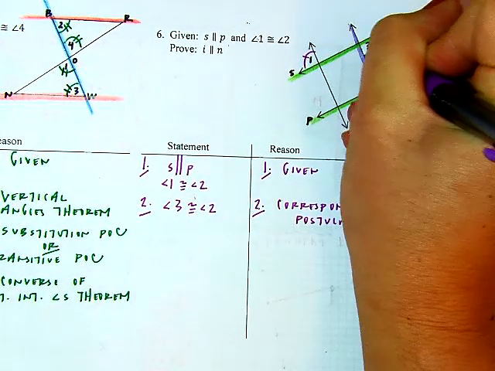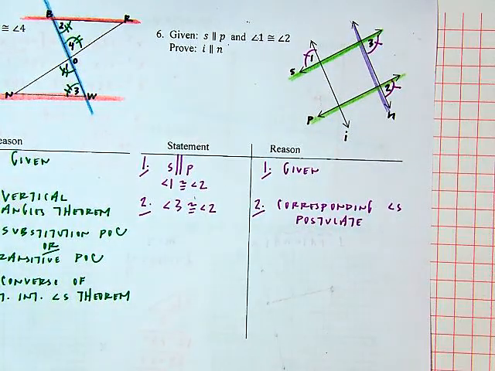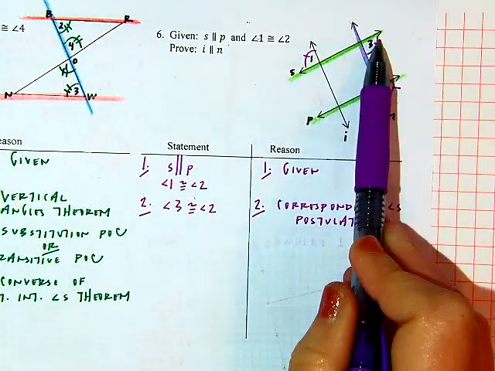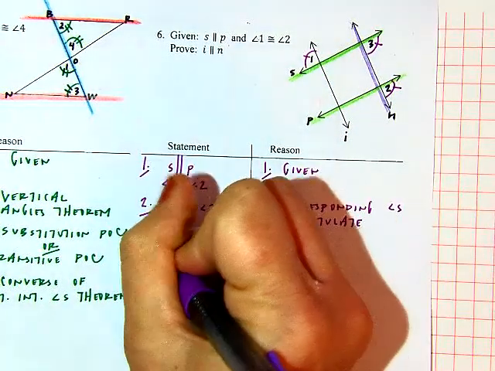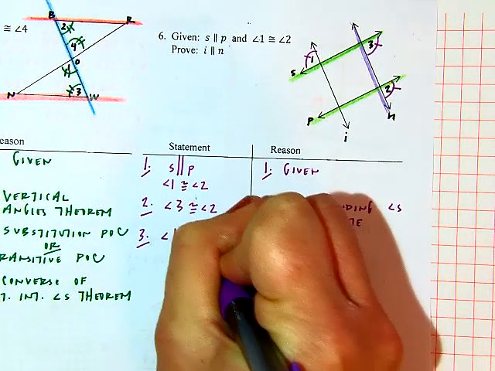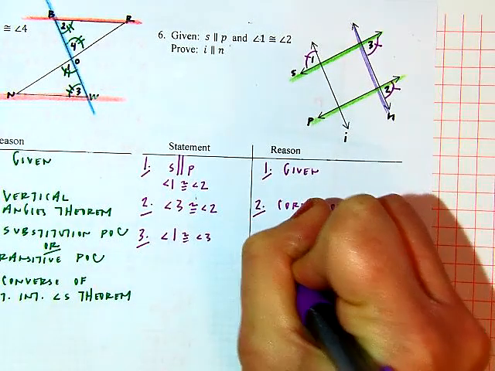Now I know right here that that takes a single tick mark. If I've connected 1 to 2 and 2 to 3, I can now connect 1 and 3. That's just the transitive property. Or I could argue substitution.